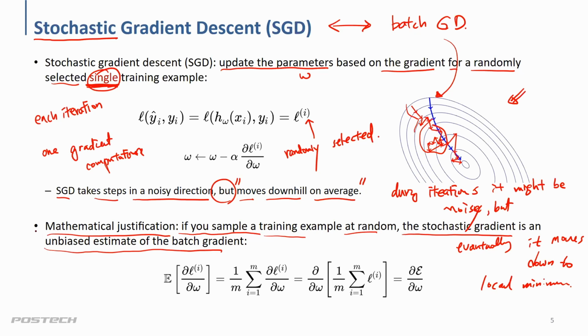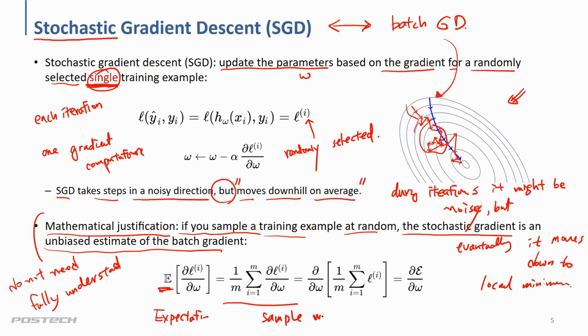You do not need to fully understand, but the expectation is the same as the sample mean. This is the expectation, and these are the sample means. There's a mathematical justification, but it's okay.